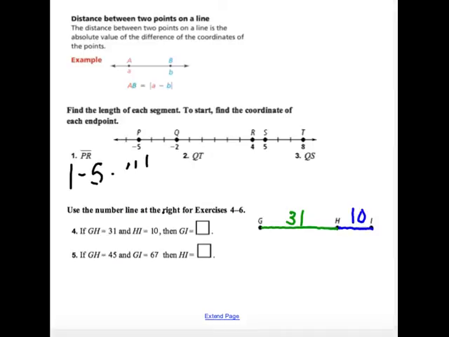And we want to know how big GI is. Well, GI is just the whole thing. So if I have a chunk that's 31 and a chunk that's 10, I just have to add these two together. So 31 plus 10 gives me 41.